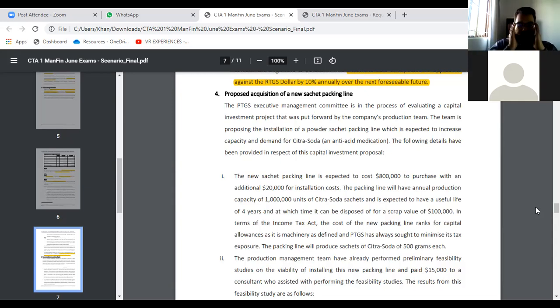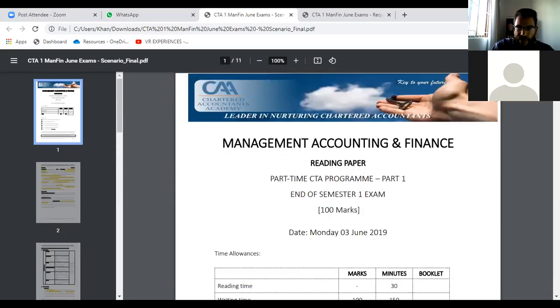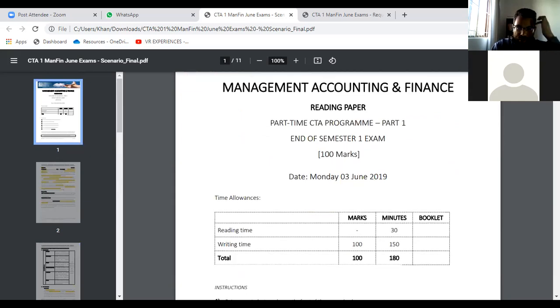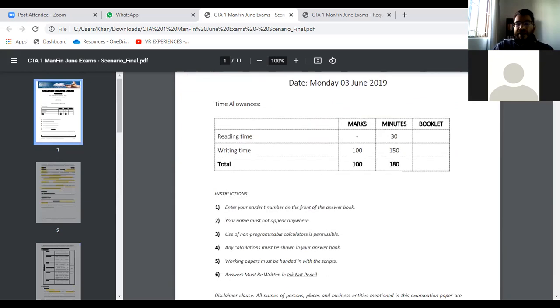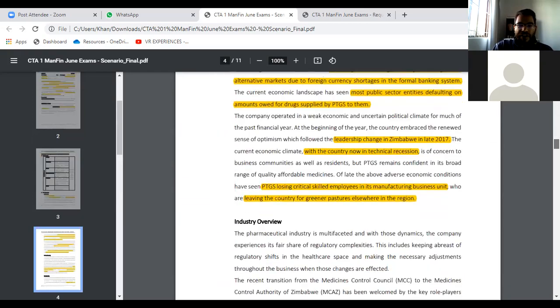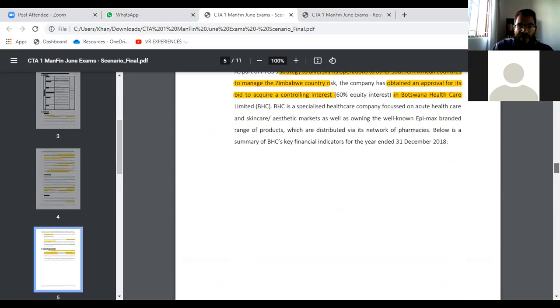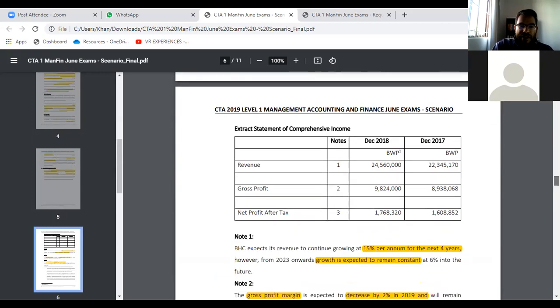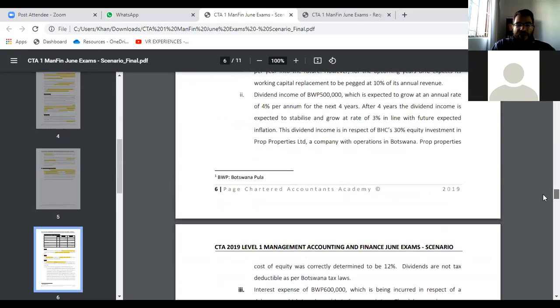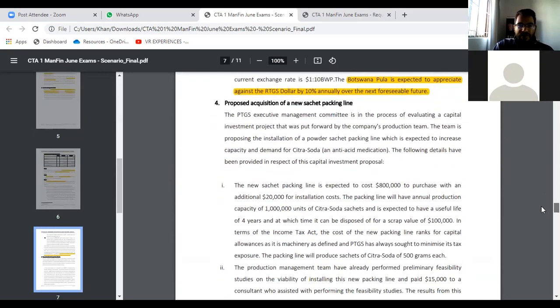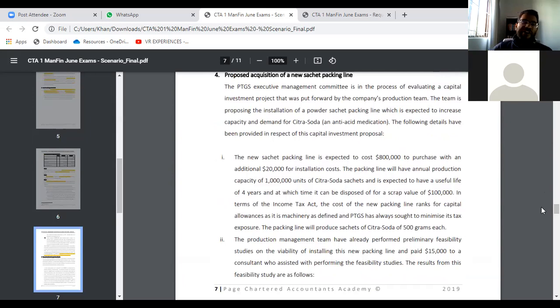So just a tip for you, you can see the scenario is very long. Now, if I just go back to the top, you see a 30 minutes reading time. Okay, so you have 30 minutes of reading time. Now, when you do the reading, I'm assuming you get the scenario first, and only after the 30 minutes, you get your required.